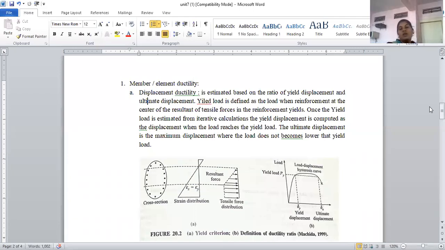Okay, so what is this displacement ductility? It is a ratio of yield displacement to the ultimate displacement.